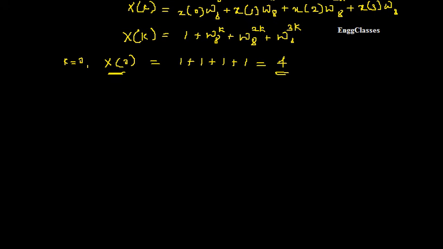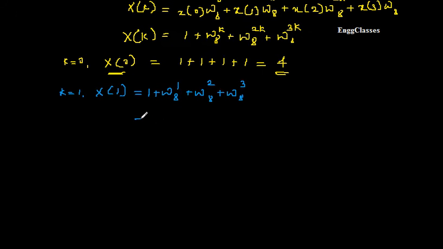The next task is I need to find X of 1 by placing k equal to 1. Put the values over here. That is 1 plus W8 to the power 1 because k is 1, plus W8 to the power 2 into 1, that is 2, plus W8 to the power 3 into 1, that is 3. So this is what I get.